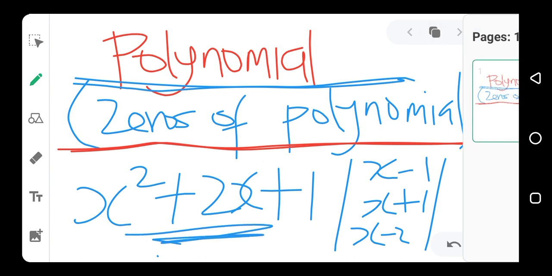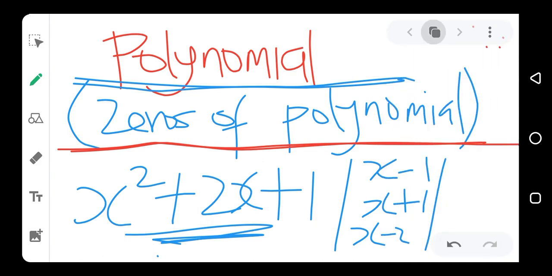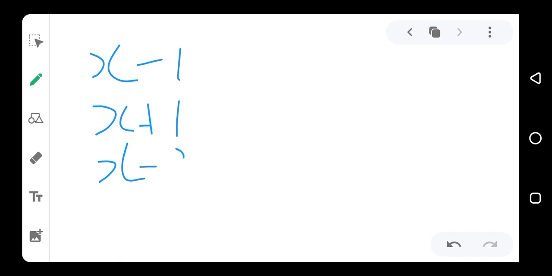What we are going to do is, first of all, take the roots given to us: x minus 1, x plus 1, x minus 2.